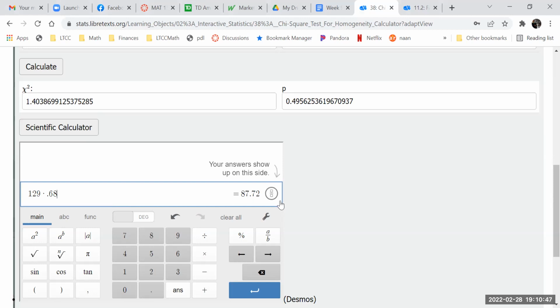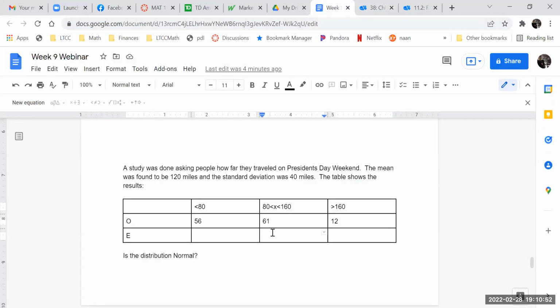I'm going to round to the nearest whole number. So I get 88 for my expected number between 80 and 160. Any questions on that?